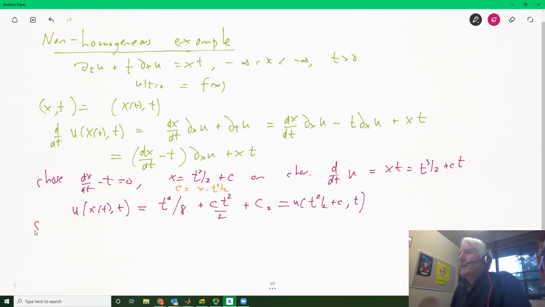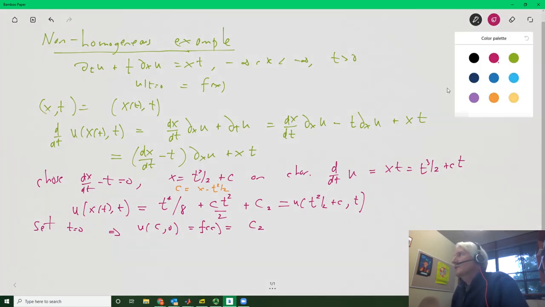Alright, and then we set t equals 0. So we get u of 0, c comma 0, which is equal to f of c, must equal, from this expression here, c2. So c2 is f of c. That's the result there.